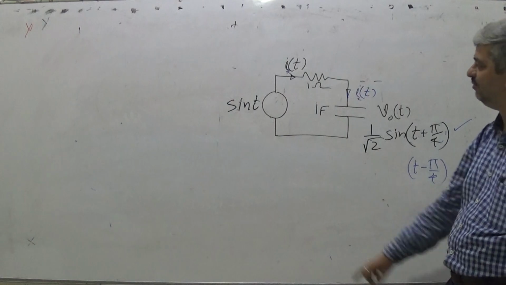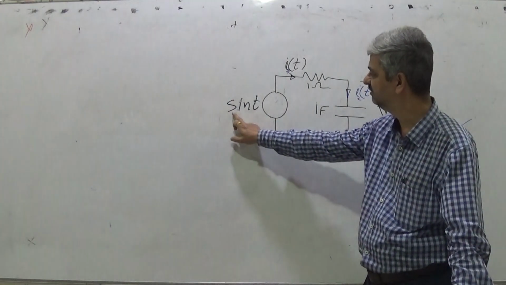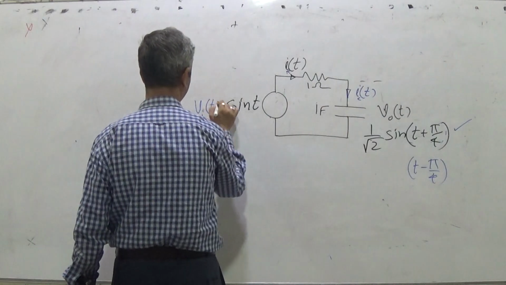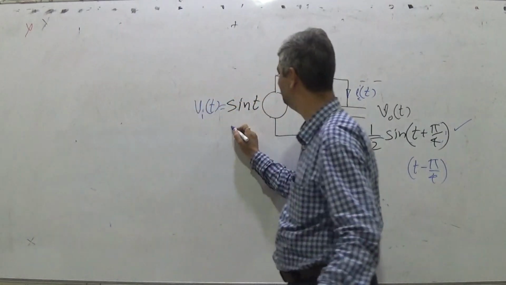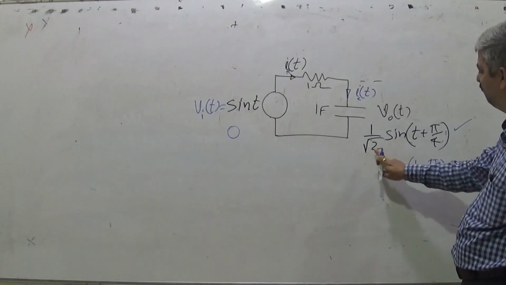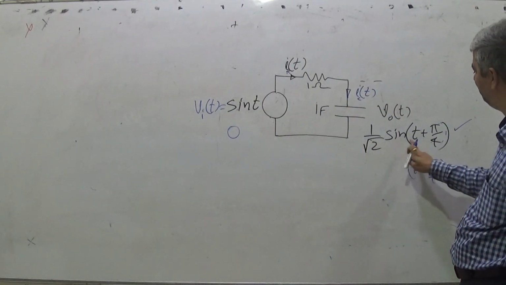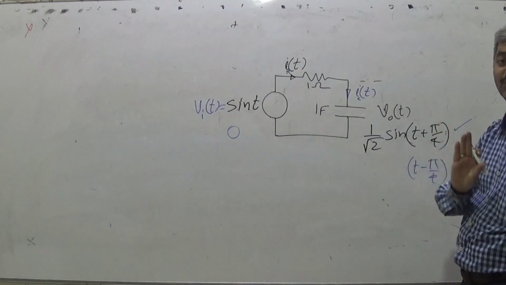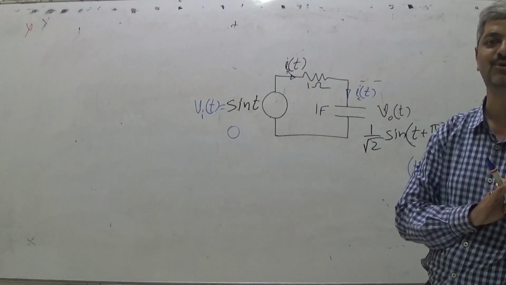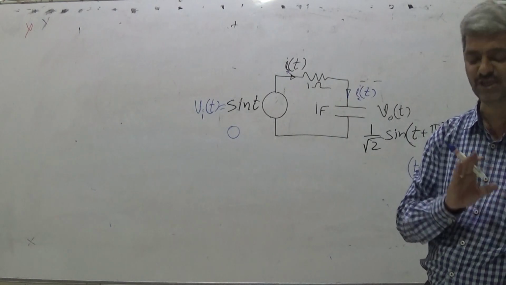This is V in t. At t equal to 0, the input is 0. And what is the output? 1 upon root 2 sine of pi by 4. What is sine of pi by 4? Sorry, sine of pi by 4 is 1 by root 2.